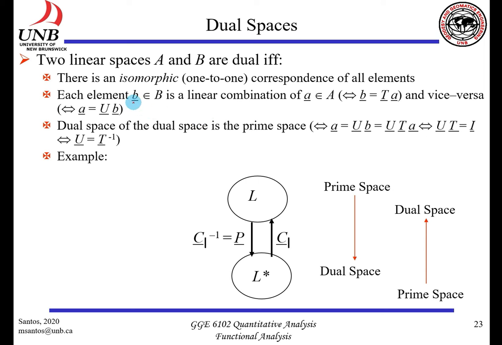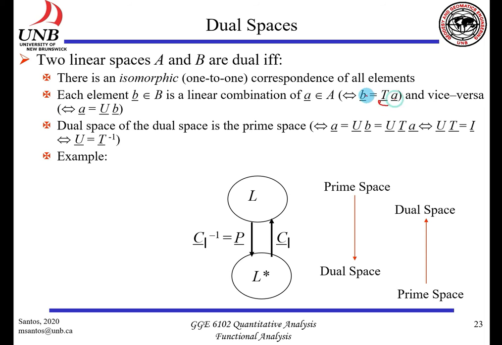So each vector in B is a linear combination of the vector in space A. Again, we have this relationship with a linear mapping.